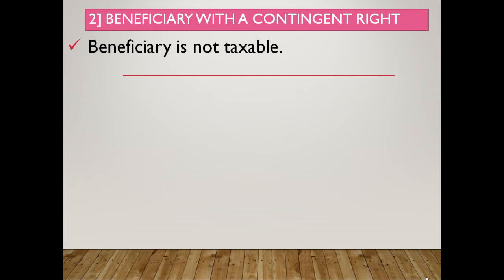So up until the son attains majority, he cannot be taxed on whatever income is accruing from that asset, because of this contingent right.